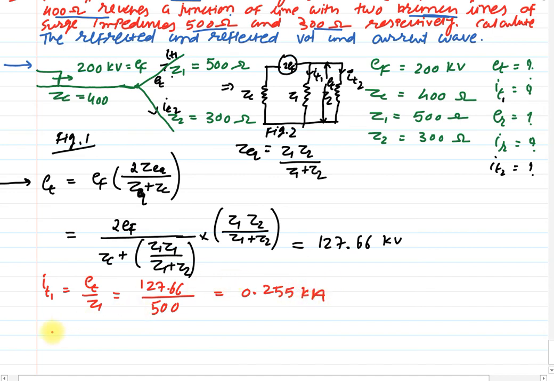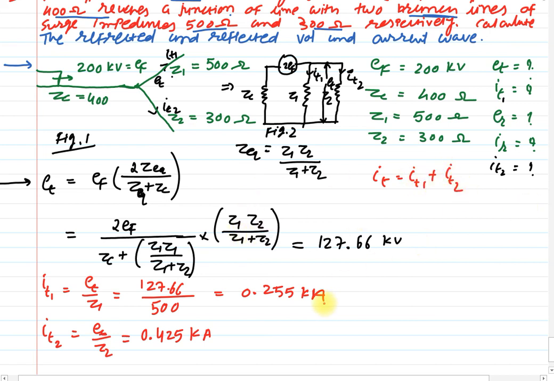Clear? Same way, we can calculate IT2, which is equal to ET divided by Z2, which is equal to 0.425 kilo ampere. And of course, if you wish, you can calculate the total transmitted current for this network, which is IT is equal to IT1 plus IT2.